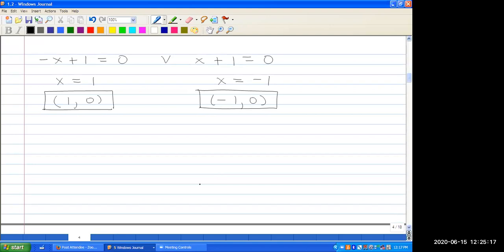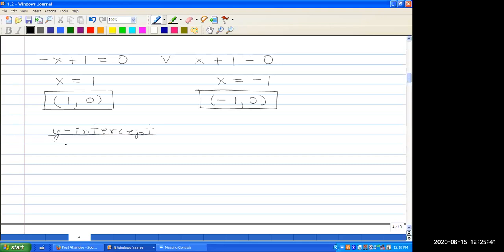Let's determine my y-intercepts. In general, if you have a function, you'll only have at most one y-intercept. If it's not a function, then you can have more than one y-intercept.